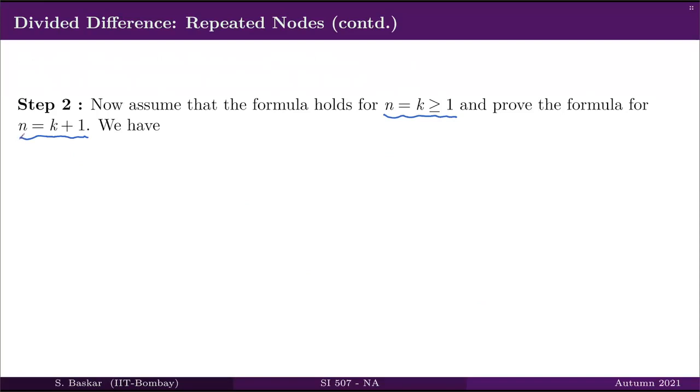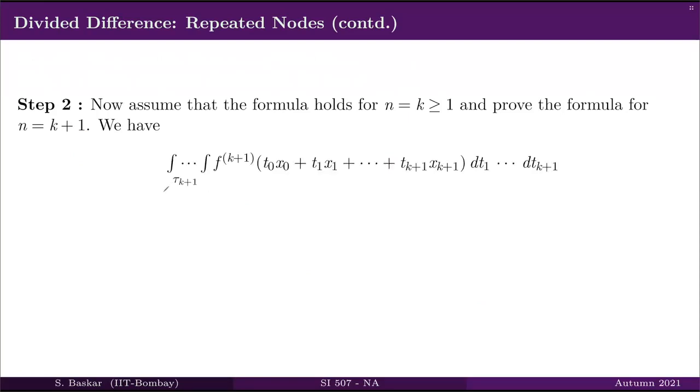Since we have to prove the formula for n equal to k plus 1, we will take the right hand side and put n equal to k plus 1 in the Hermite-Genocchi formula, and we get this. Now we have to show that this is equal to the classical definition of divided difference of order k plus 1 for the function f, right?